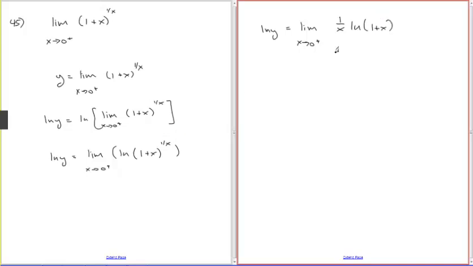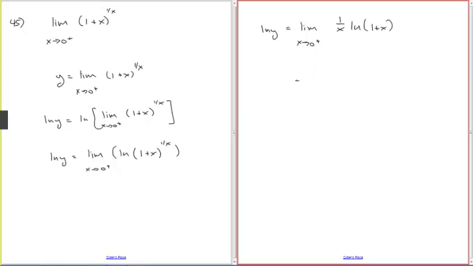The exponent, which is 1 over x, comes out. And now we have a rational function: the natural log of 1 plus x over x. If you let x go to 0, you'll get 0 in the denominator, and the natural log of 1, which is 0, so you get 0 over 0. So it is an indeterminate form in its current format.